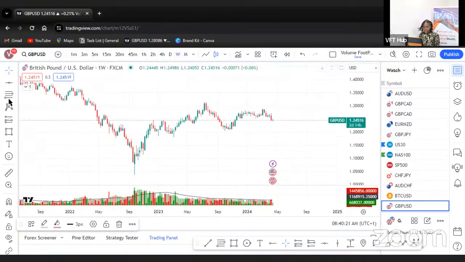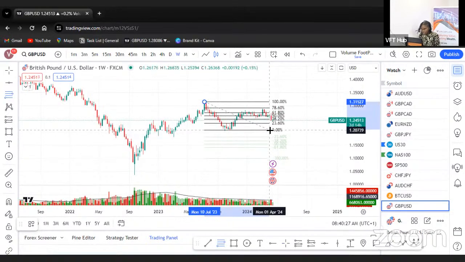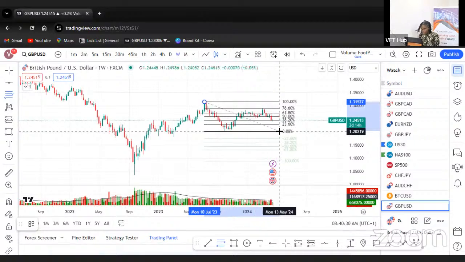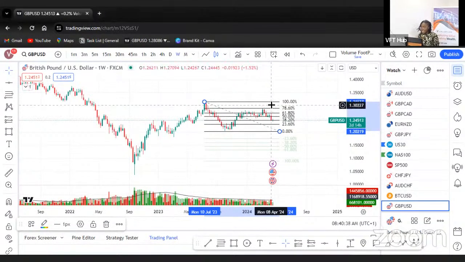Down to our weekly time frame, let me just feed from point A to point B. You can see that price traded into the 78.6% fib level and it slammed down to the downside. Then we can see that it retraced back into the 61.8% fib level and it is continuing itself to the downside.